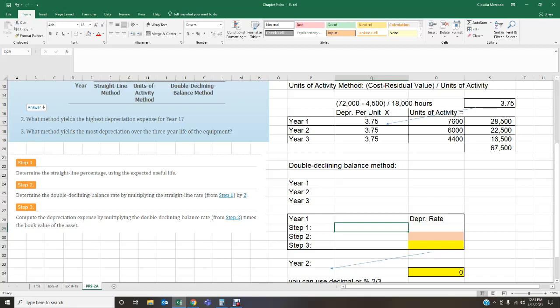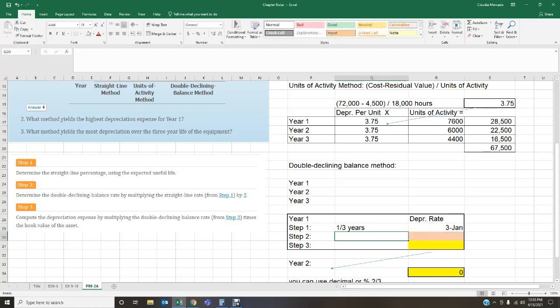Using the expected useful life, we have to calculate the rate. So using the straight line method, we are going to have 1 year over 3, okay? 1 over 3 years. That is the rate that we're using, 1 over 3.